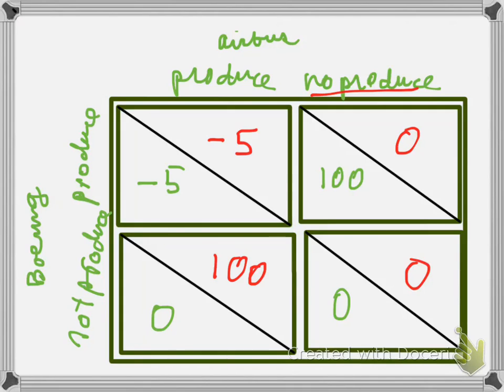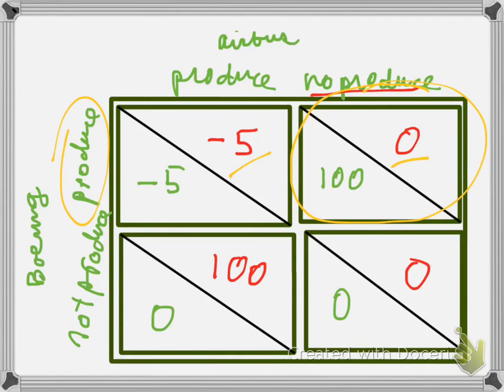So the way we proceed is by thinking about, well, suppose Boeing produces, what should Airbus do? If Boeing produces, Airbus should not produce because 0 is less than minus 5. So this outcome of Boeing producing and Airbus not producing is a potential equilibrium in this game.